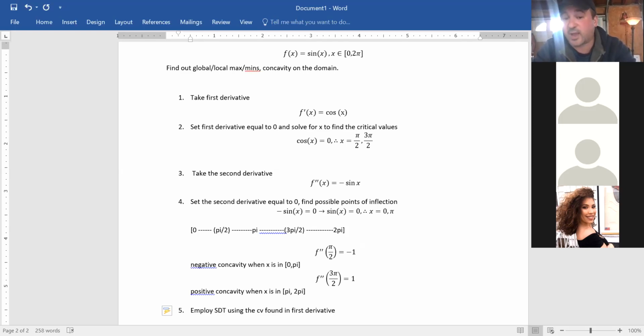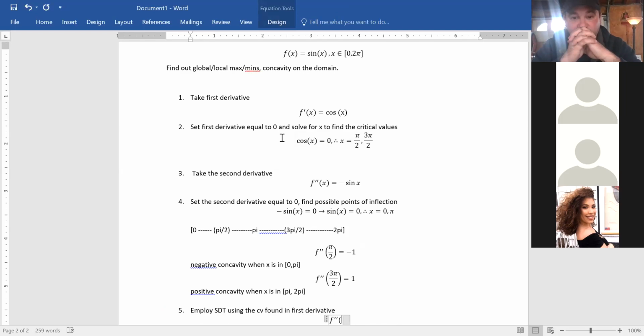So we plug those values this time into the second derivative. So again, f double prime, and our critical values, we see them listed here. So critical values are those right there.